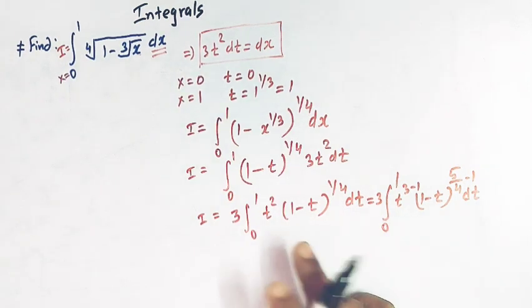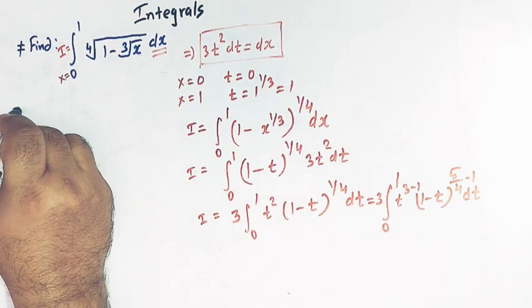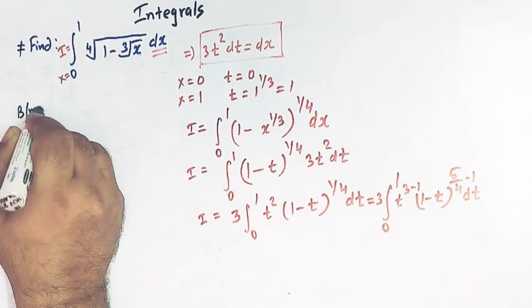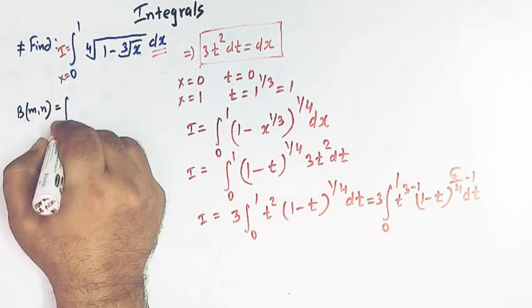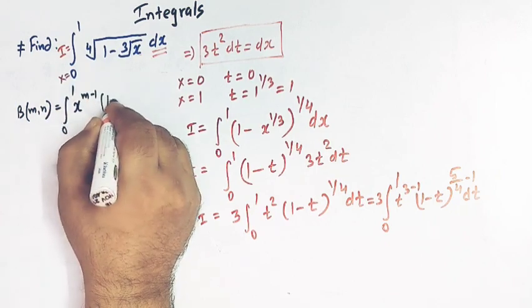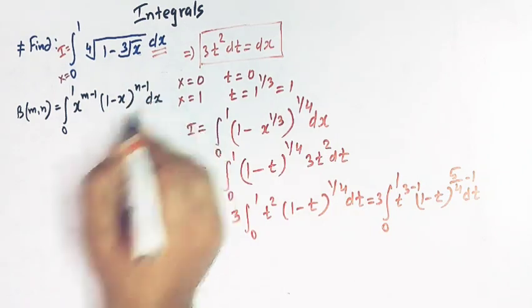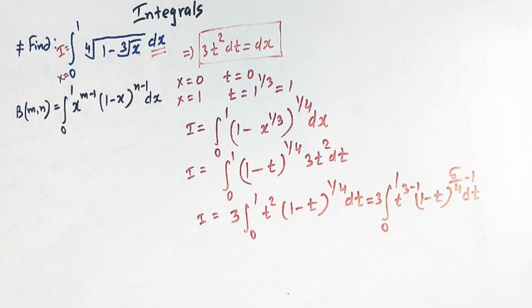We have converted this integral into a beta integral because we know that beta of m, n is given by the integral from 0 to 1 of x raised to m minus 1 times 1 minus x raised to n minus 1 dx.